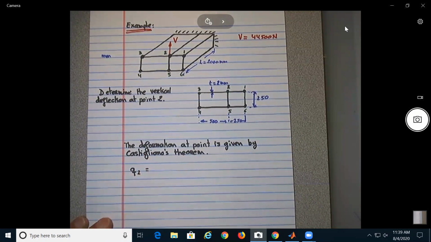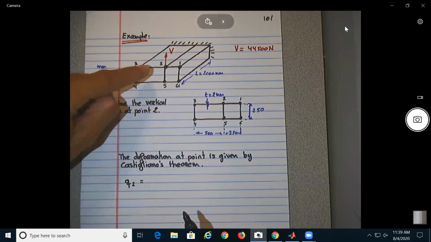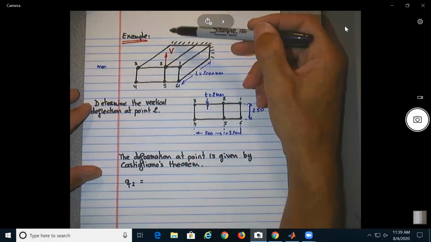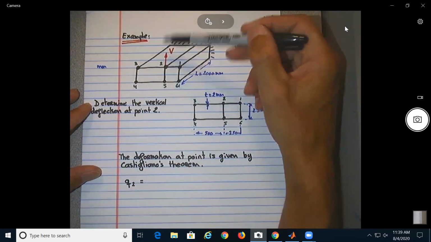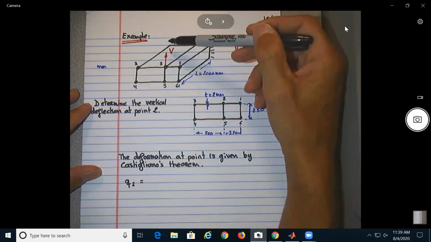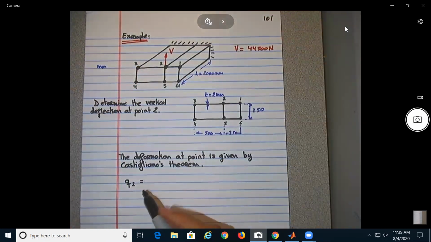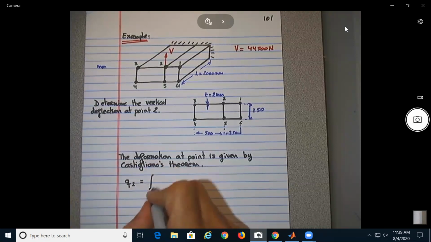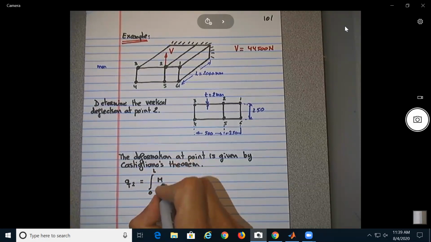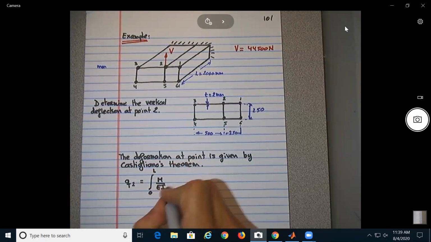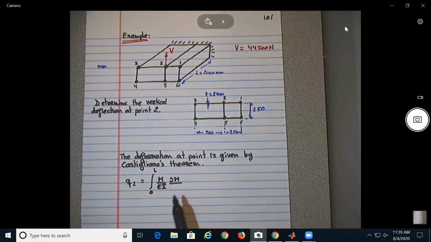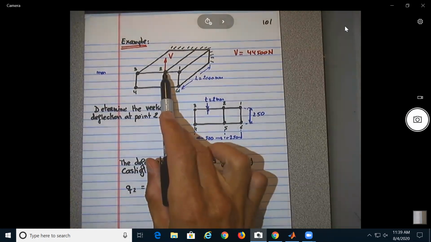So in this case, let's use your common sense. If you have the force over here, this is going to bend up, no? And the bending up, the deformation is mainly going to be due to what? To the bending moment. So the deformation due to the bending moment is equal to the integral from 0 to L of M over EI, partial M. And here what is important is that in Castigliano's, in order to find the deformation at the point here, you need to have a force applied at that point, no?